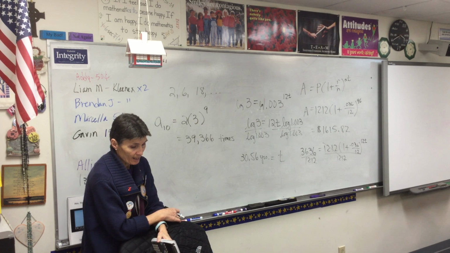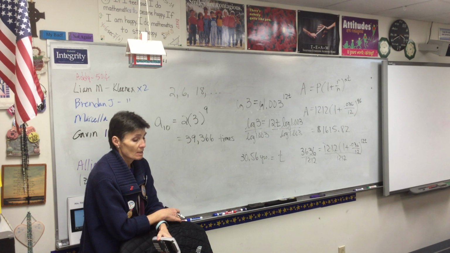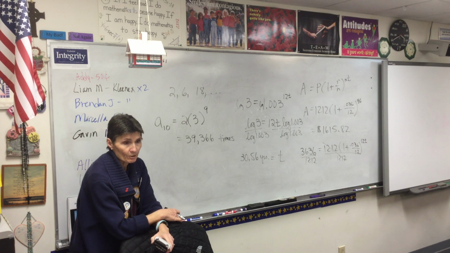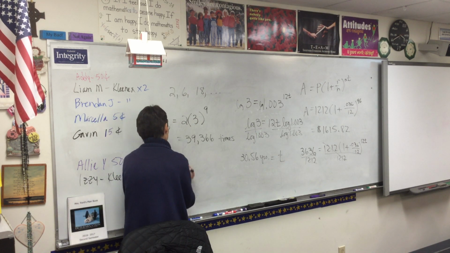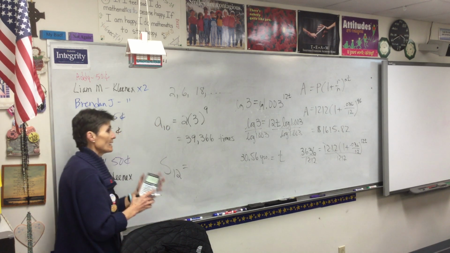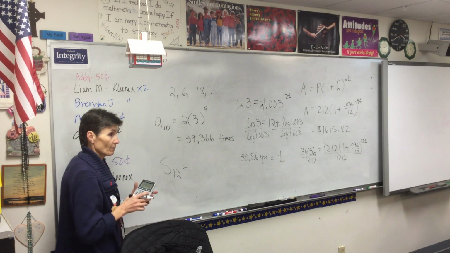How many times will he have dozed off altogether on the 12th day of school? What formula are you using there? The sum. You want to add up the first 12 days to find all together.